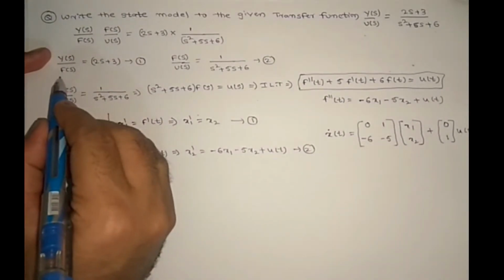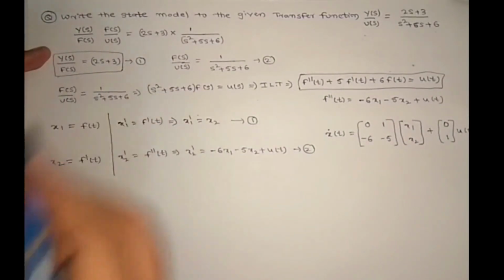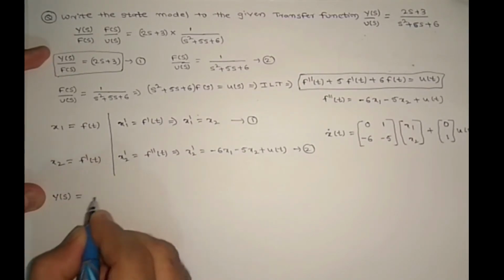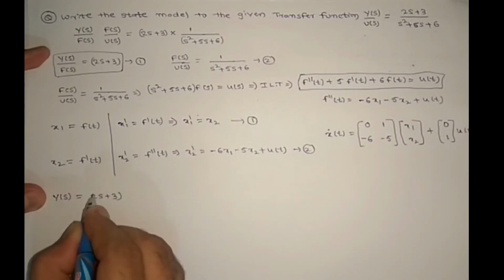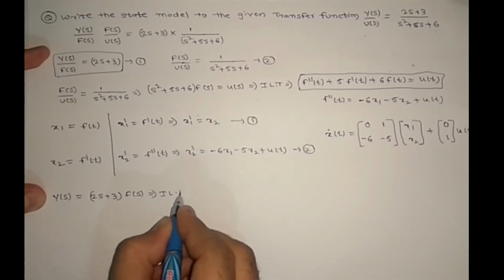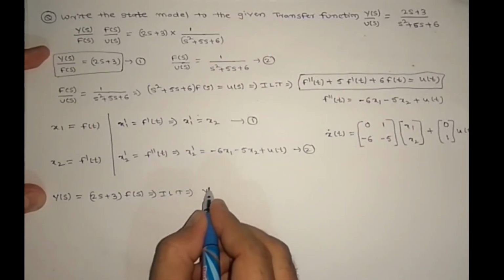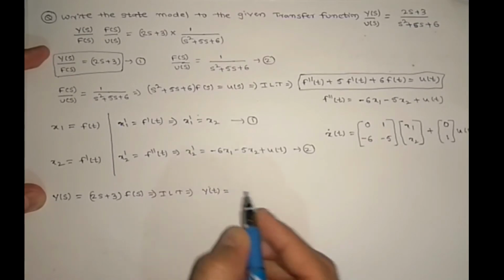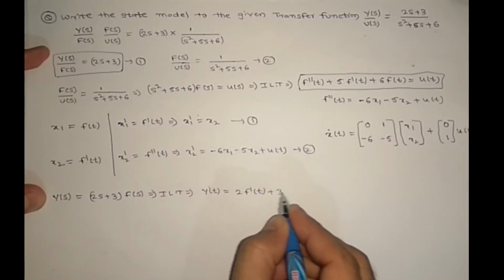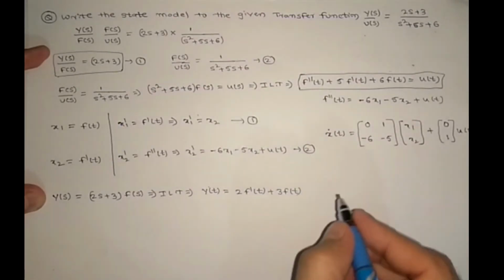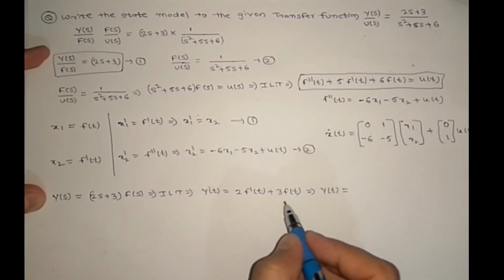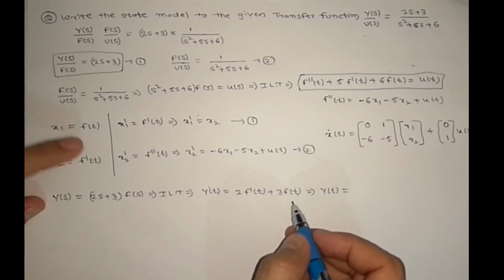The output equation we need to write from this. y of s equal to 2s plus 3 times f of s. If you apply inverse Laplace transform on both sides, y of t equal to 2 f dash of t plus 3 f of t. Can I write like this? Now f of t we can write as x1, right?